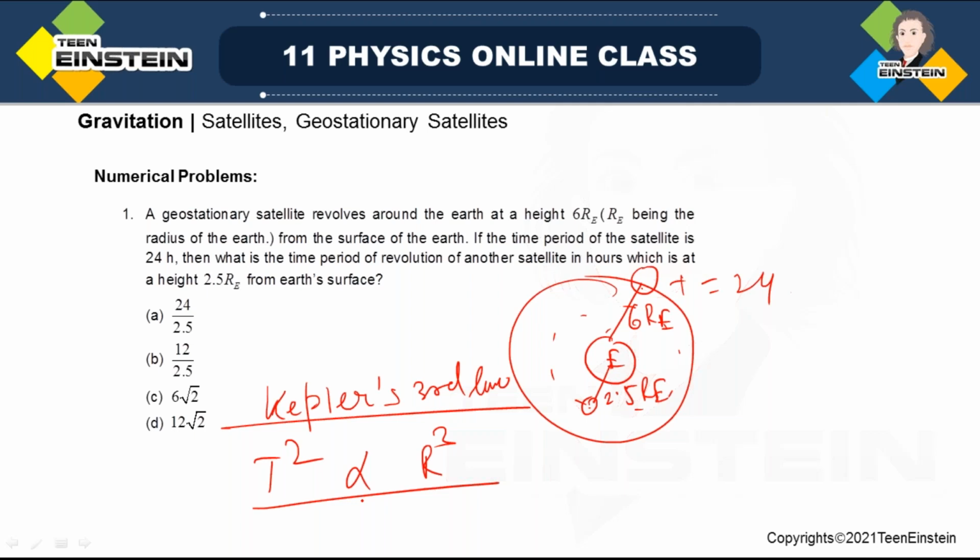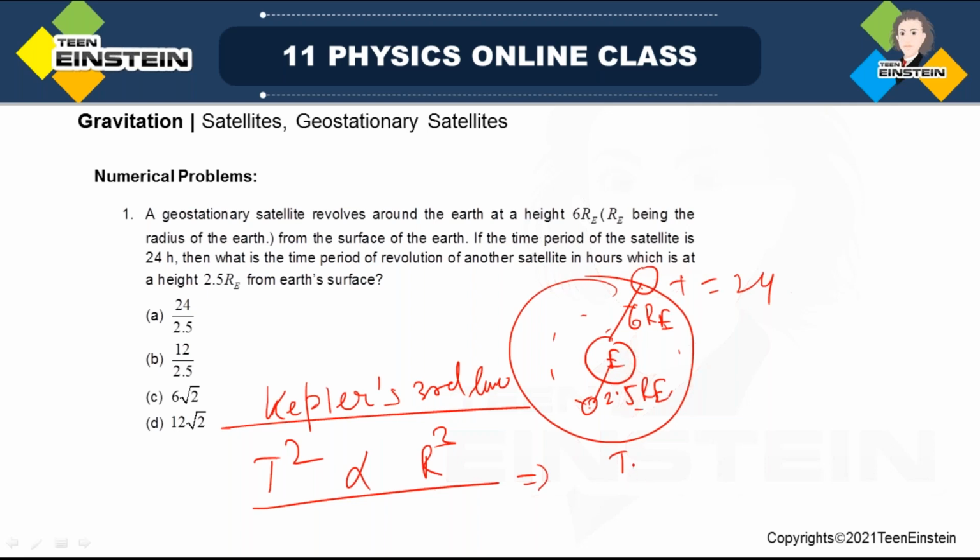So this is saying that the square of the time period is directly proportional to the cube of the radius of that orbit.